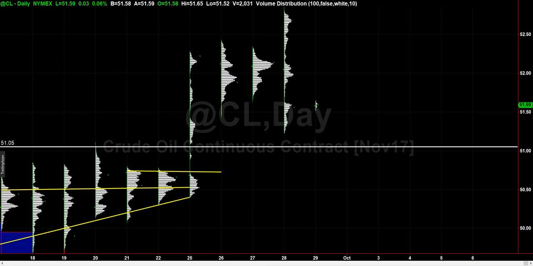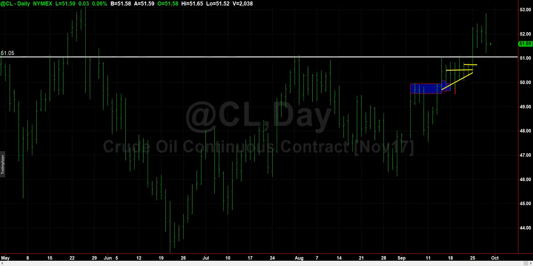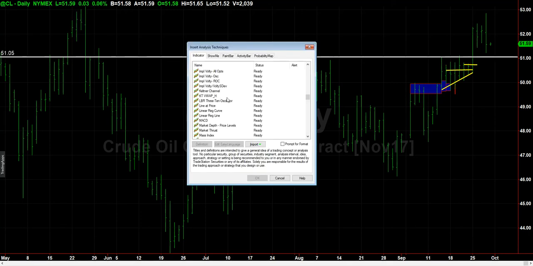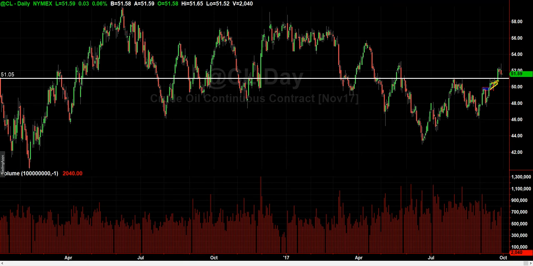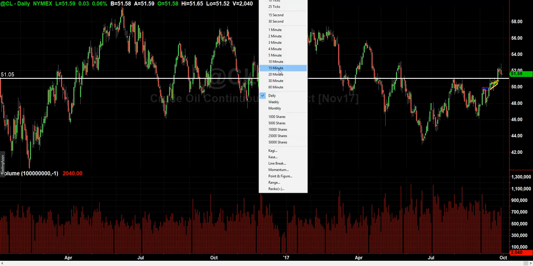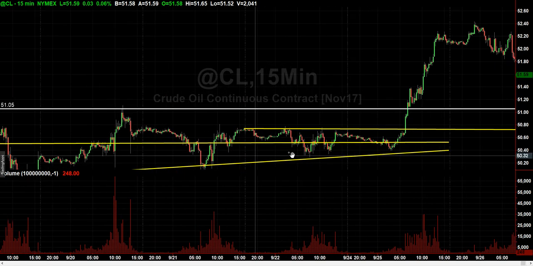We're going to get rid of these volume profile, format, analysis techniques, remove, close, insert, indicator. So here's volume by price, volume by time, excuse me. Okay. Candlesticks. And then let's make these 15-minute bars just for the sake of conversation, right? So here's what that ends up looking like.